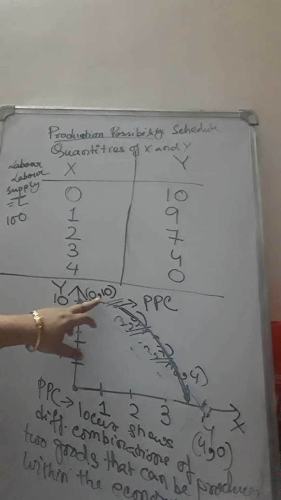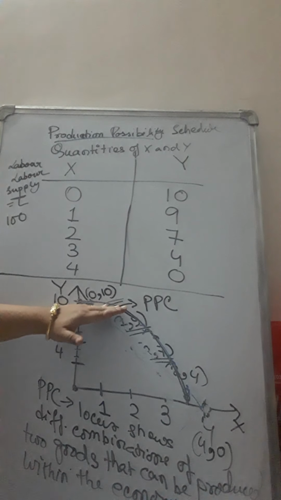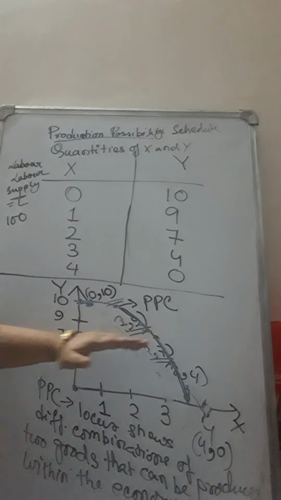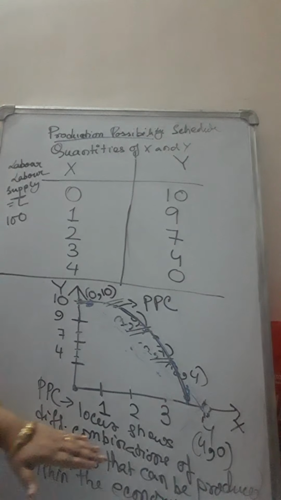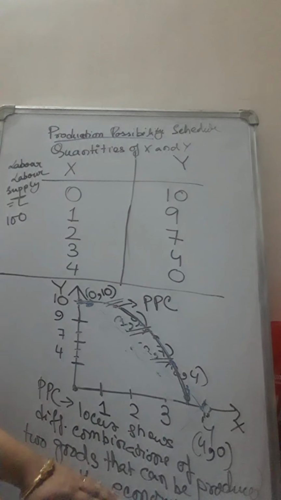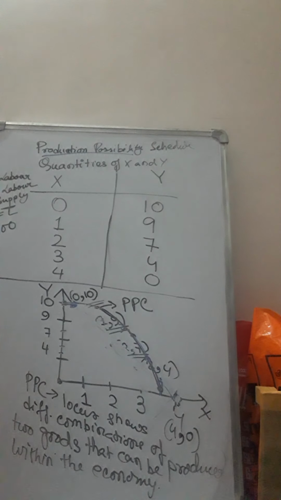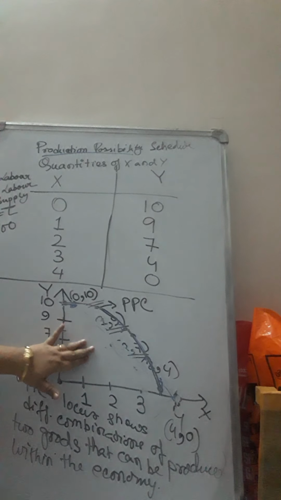The points correspond to a particular combination of output of X and Y. So it shows the different combinations of the two goods X and Y that can be produced within an economy or the country. And in the next video, I will be doing the properties of PPF curve.